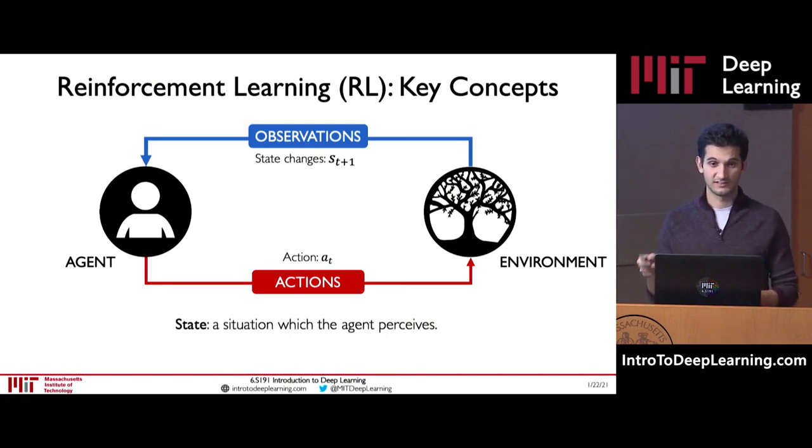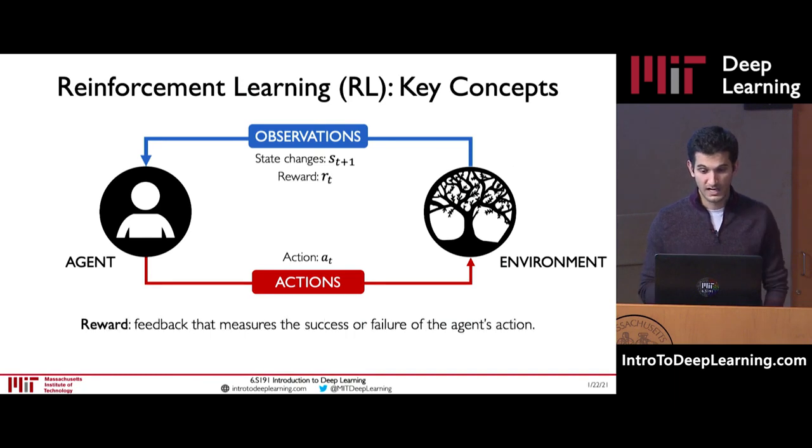So it takes some action at t, it gets some state back at time t plus 1. And in addition to getting the state back, we also get what's called a reward back from our environment. Now, a reward is simply a feedback. Think of this as a number. It's a feedback by which we can measure the success of an agent's actions, right?